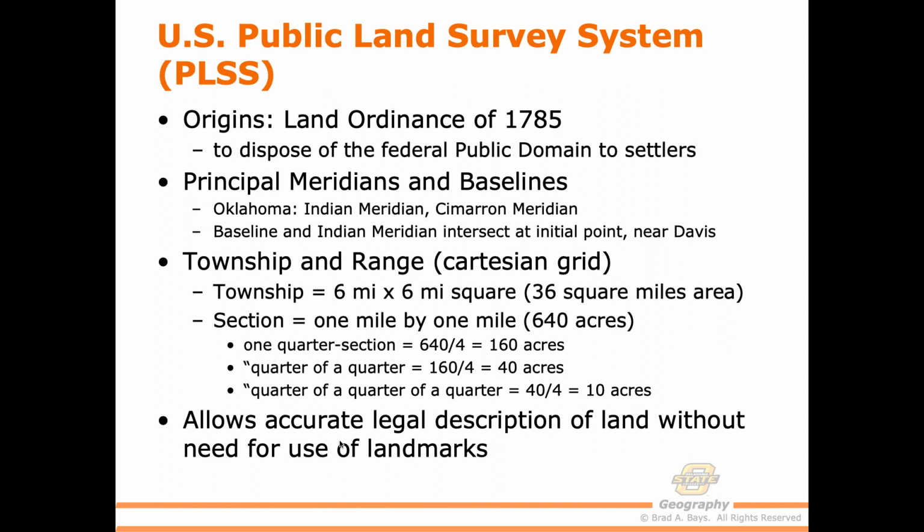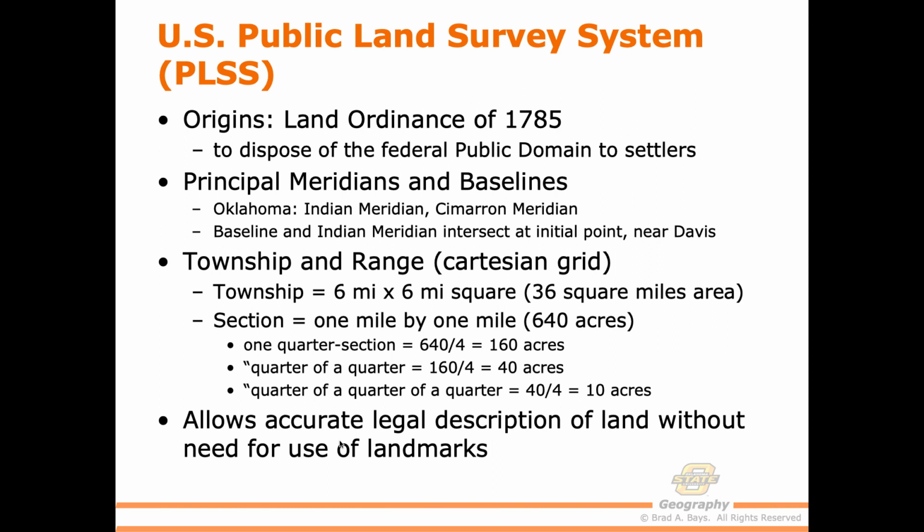Now, the problem with, if we can go back to 1785, to give away the land meant that you had to be able to describe the land, because this is all about property and property rights. In order to convey the land in measurable parcels of 160 acres or whatnot, the land had to be surveyed.